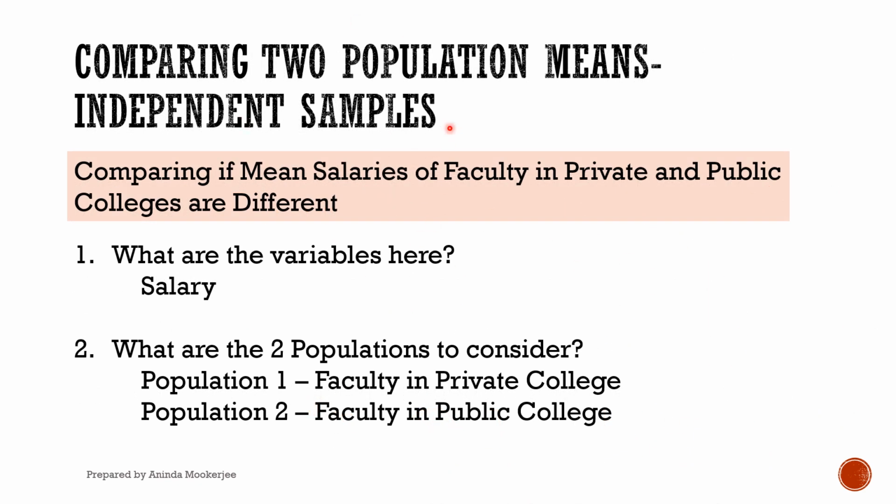This is an example problem of comparing two population means for independent samples using the pooled test procedure. The problem is about comparing if mean salaries of faculty in private and public colleges are different.